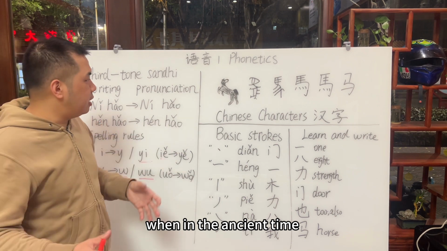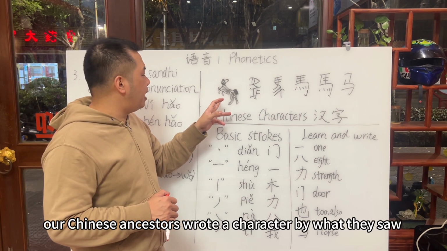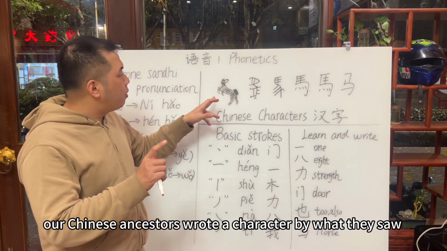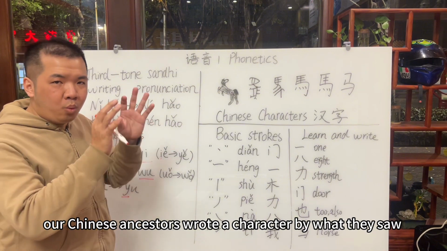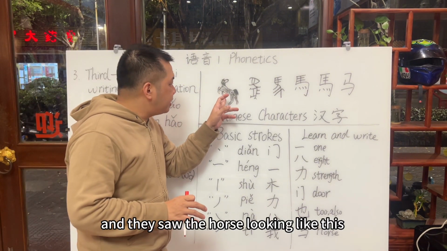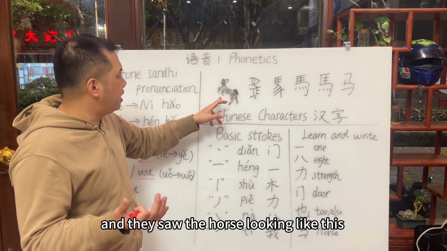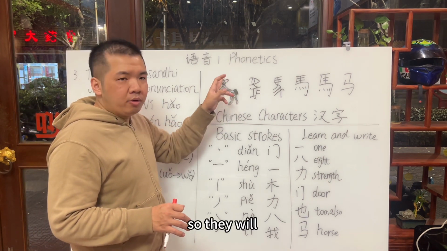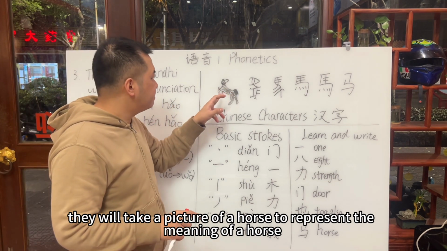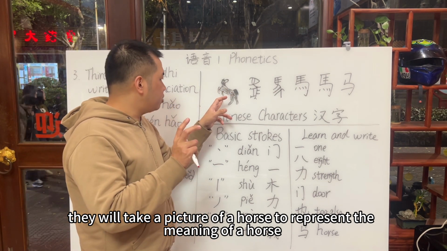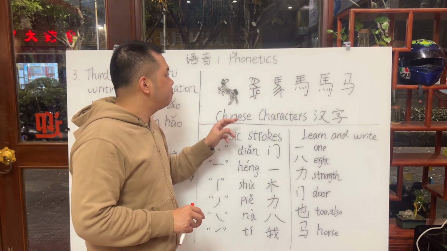In ancient times, our Chinese ancestors wrote a character by what they saw, and they saw the horse looking like this, so they would take a picture of a horse to represent the meaning of a horse.